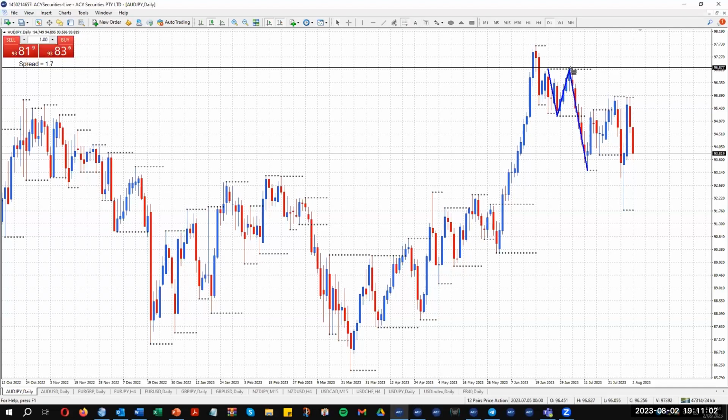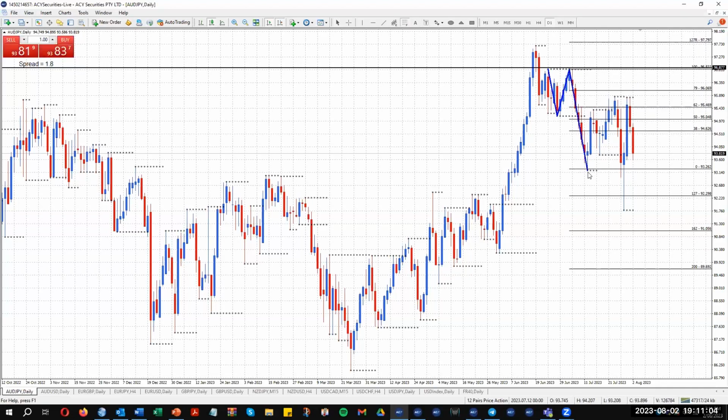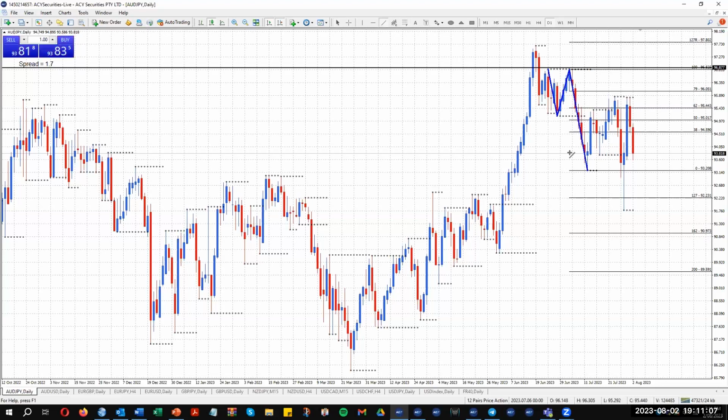And what you'll find here is we retrace back up in between the 62 to the 79% level. So that's just wanted to point out is quite often after a double top drop, we'll rally back up to 62 to 79 and then have another drop, as you can see there. All right. And we just exceed the 127 extension there.